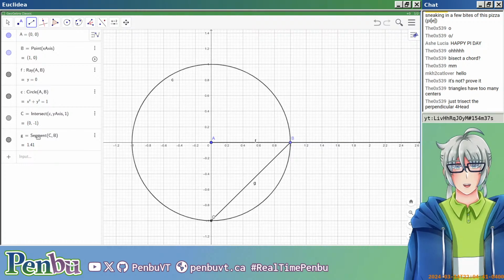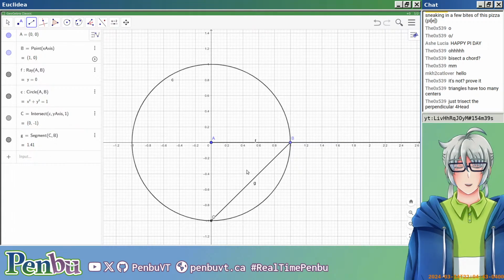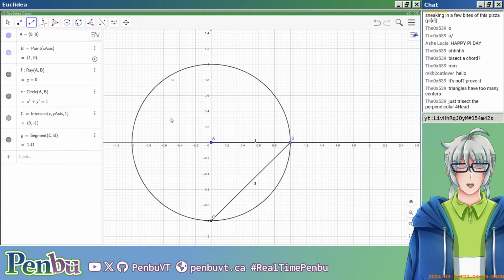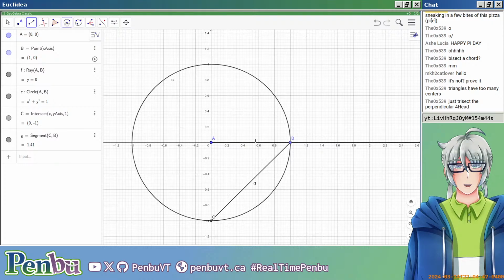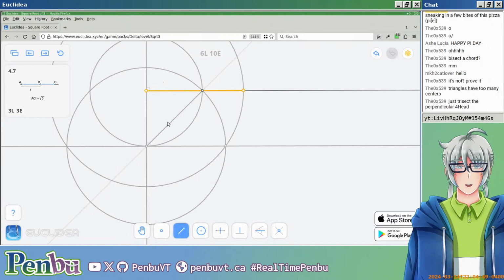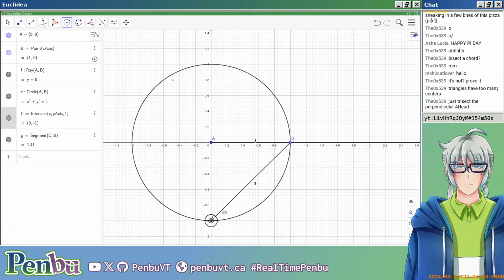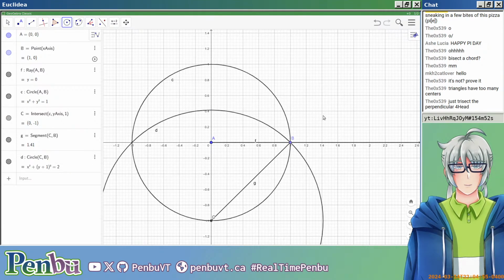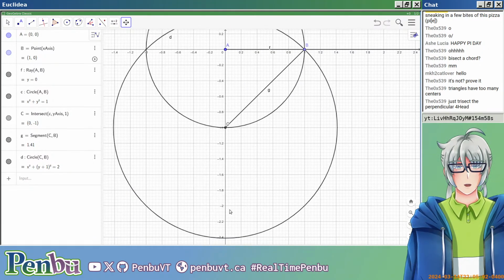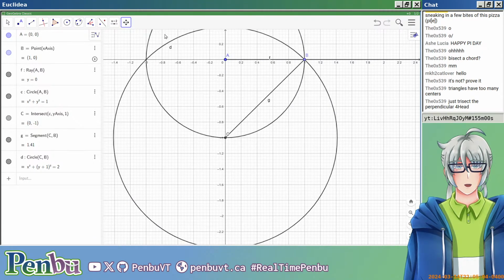So G has the length square root of 2. And then we can create another circle from that, so that now anything that's within here is now the square root of 2.